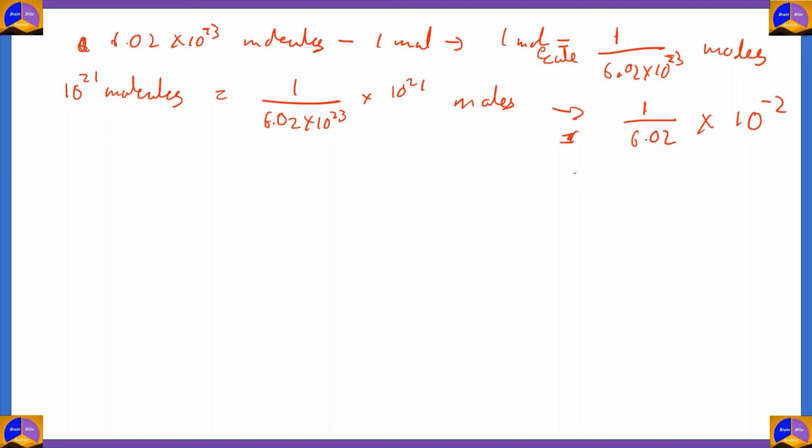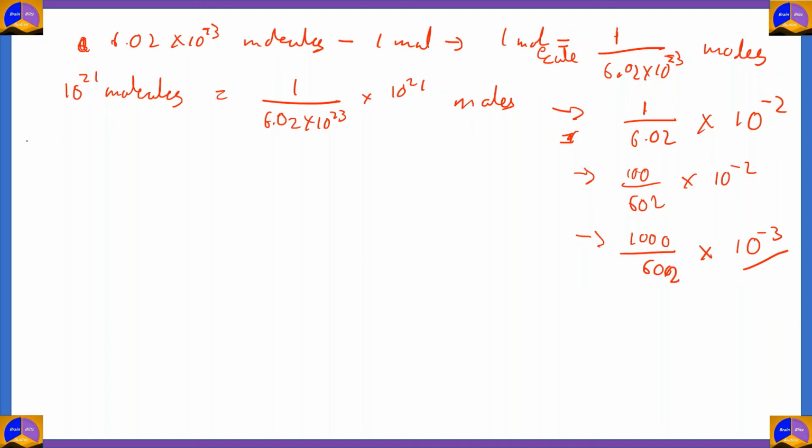And 1 by 6.02 can be taken as 100 by 602 on multiplying both sides, into 10 raised to minus 2. Let's multiply the numerator by a 10. So it'll be 1000 by 602 into 10 raised to minus 3, because there'll be a 1 by 10 remaining. That'll be 10 raised to minus 1. 10 raised to minus 1 minus 2 is 10 raised to minus 3.